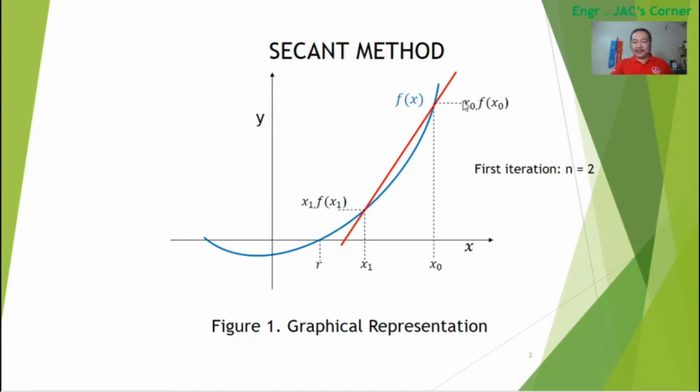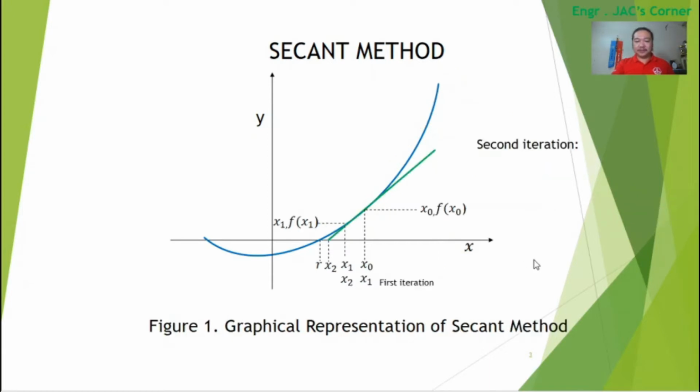We have here the x sub 0 and x sub 1 for the first secant line. At n equal to 2, we can compute the value of x sub 2, the intercept of the x-axis with this secant line. x sub 2 is equal to x sub 1 minus f of x sub 1 times x sub 1 minus x sub 0, divided by f of x sub 1 minus f of x sub 0.